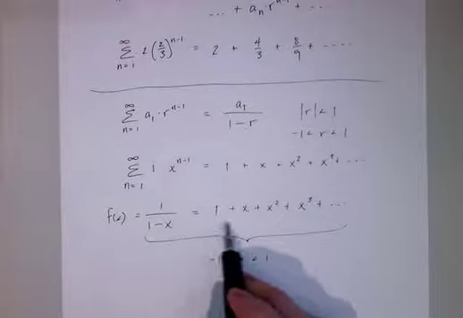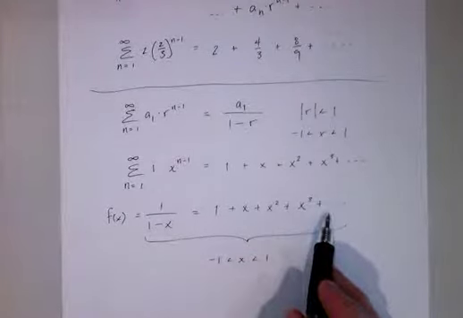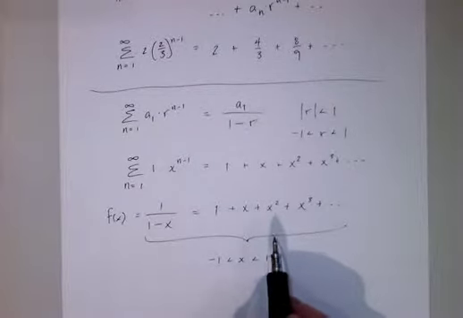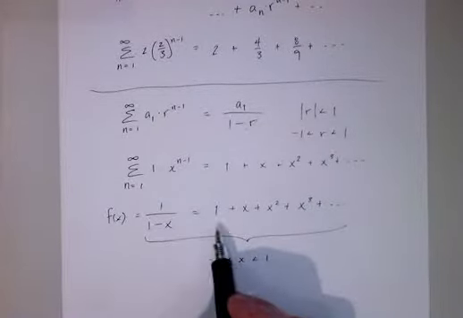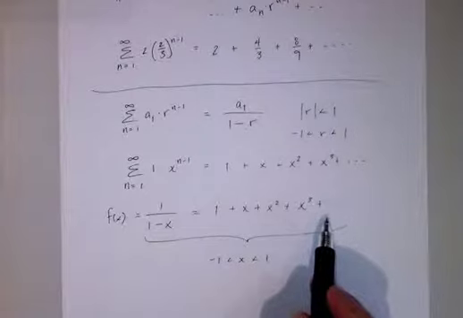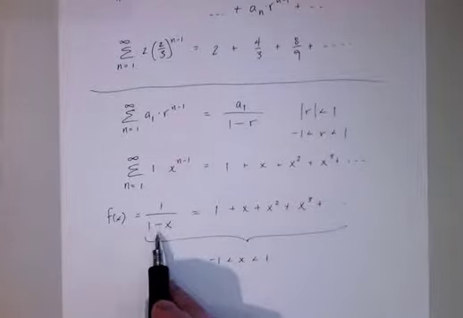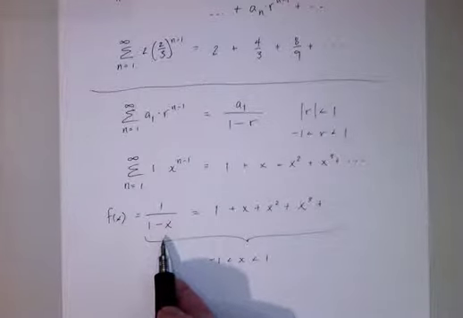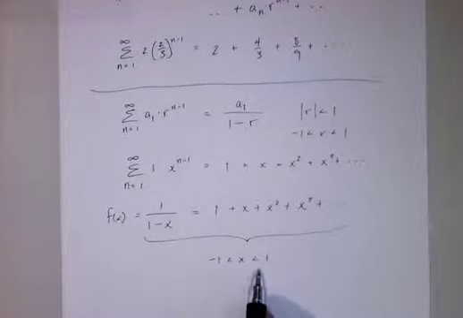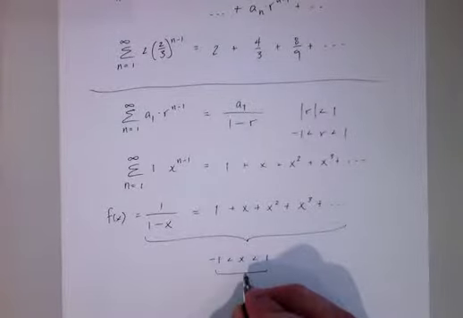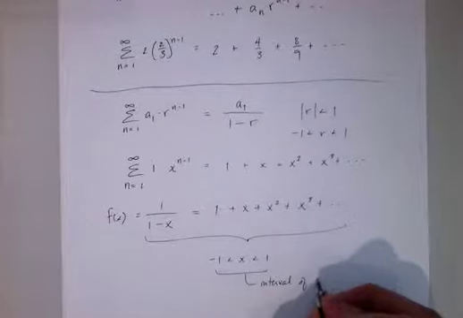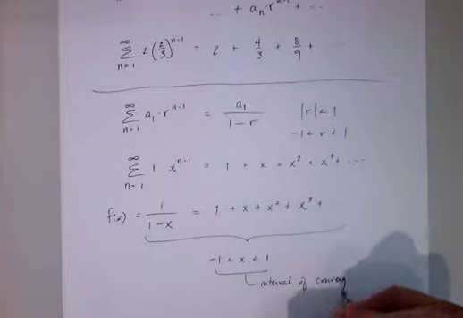So this infinite polynomial, for lack of a better way to describe it, it's not officially, but basically that's what it is. This infinite polynomial will mimic the behavior of 1 over 1 minus x perfectly as long as x is between -1 and 1. This is what is called an interval of convergence.